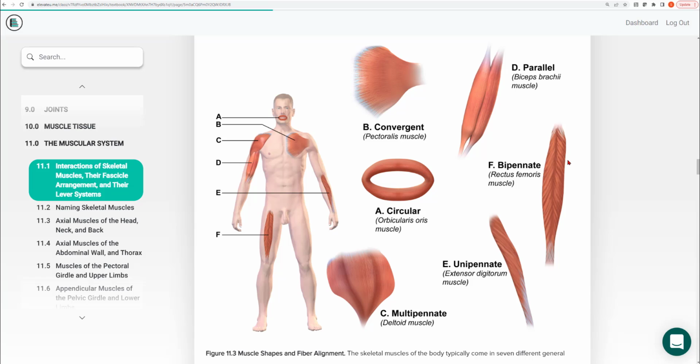You see the fibers are running at oblique angles toward the central tendon. Okay, so bipennate, two sides, if you will. Unipennate, just one. And then there are also multipennate muscles. The deltoid's a good example of that because the deltoid has 3 parts to it. And you'll see that when you're working through some of the actions of the muscles.